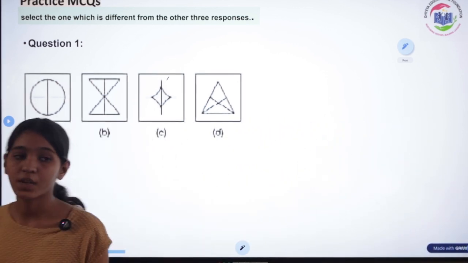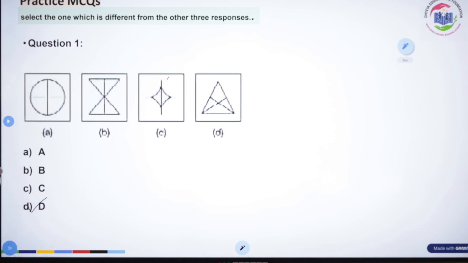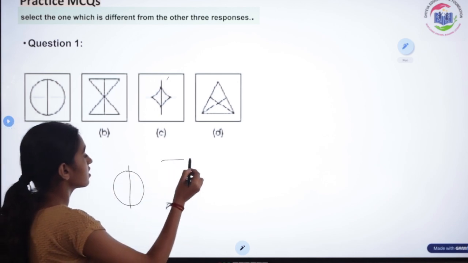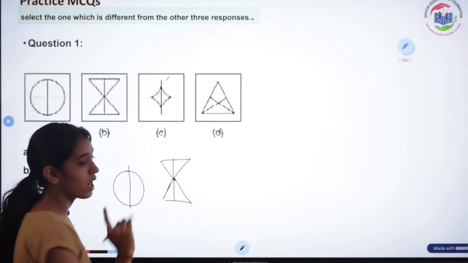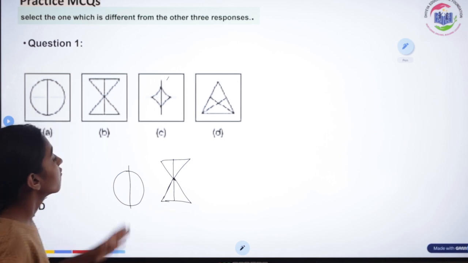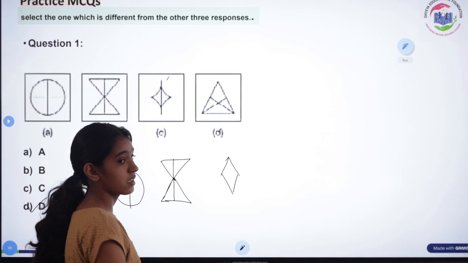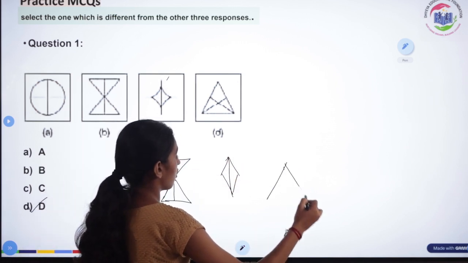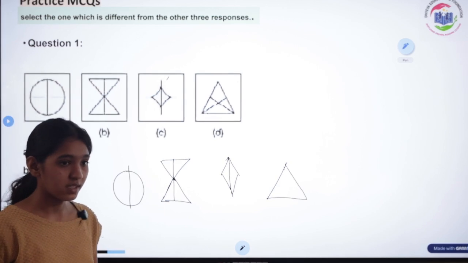Option D is the odd one out because, as you observe in this diagram, there is a circle and it has one line. Again, this is a diagram with one line. Again there is a diagram like this, with one line, and we can also say it is divided into two equal parts.